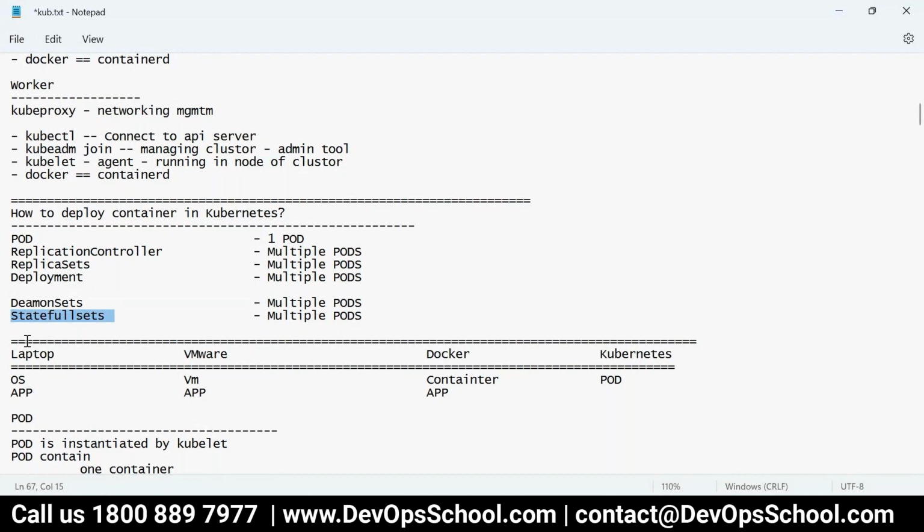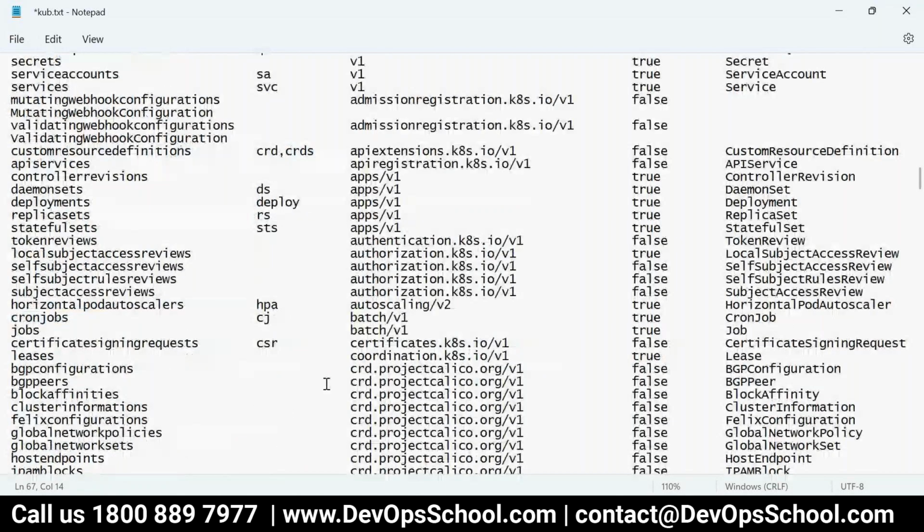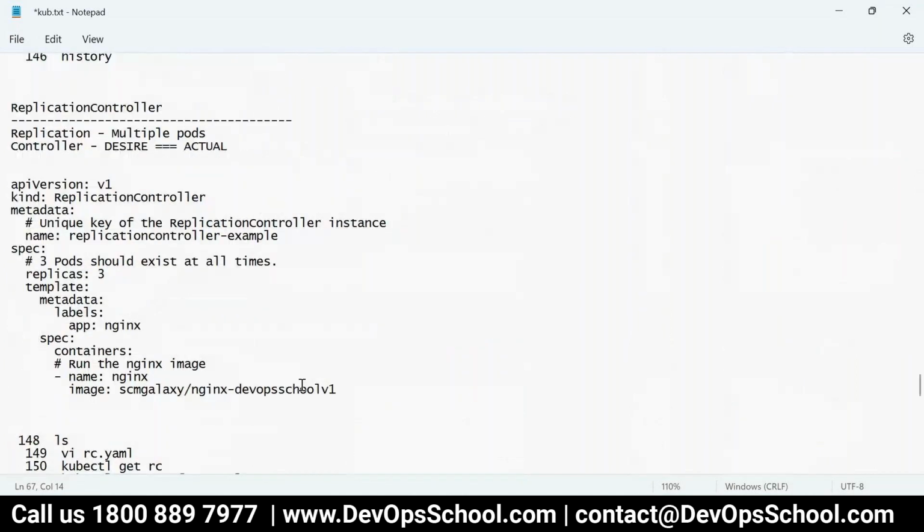Even if the pod is getting changed or replaced, it will stick to the same storage. So there are some advantages. I suggest you look at the detailed explanation in the LMS. Now, all of you understood that, and are getting comfortable with the pod and everything.